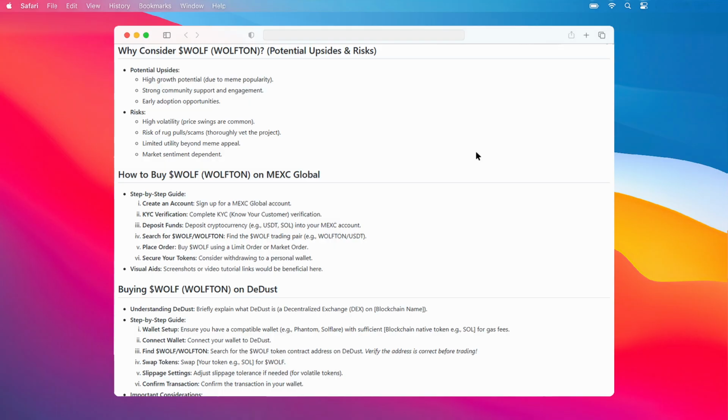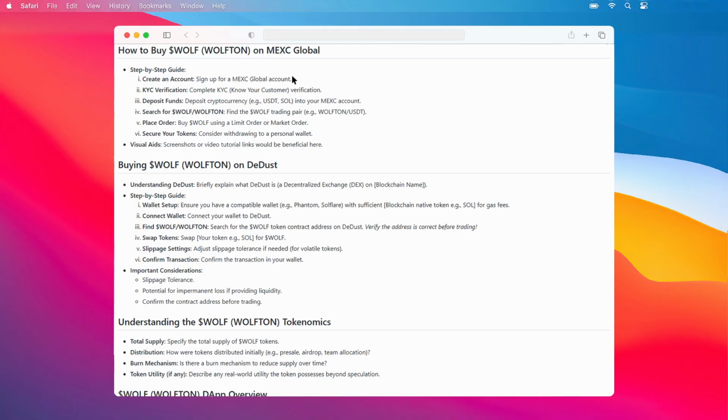Let's walk through how to buy $WLF, also known as Wolfton, on MEXC Global. First, you'll need to create an account on MEXC Global. After creating your account, it's essential to complete the KYC, or Know Your Customer, verification process. This is a standard security measure. Once verified, you'll need to deposit cryptocurrency, such as USDT or SOL, into your MEXC account.